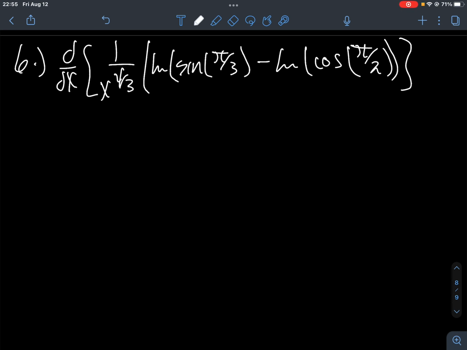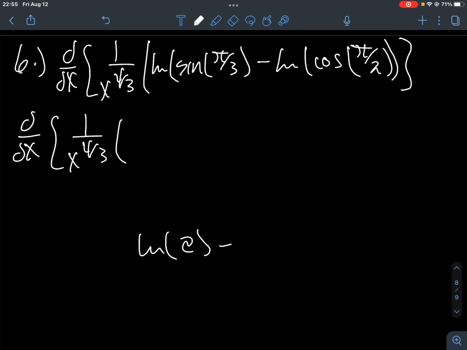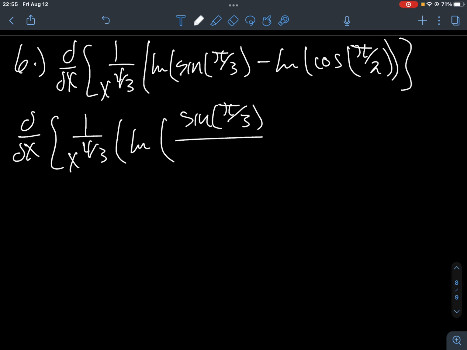So in order to do this one, let's go ahead and simplify. So d dx of 1 over x to the 4/3. Now recall that ln of a minus ln of b can be rewritten as a single logarithm as ln of a over b. So that's what we're going to do here. We're going to rewrite this as ln of sine of pi over 3 over cosine of pi halves.